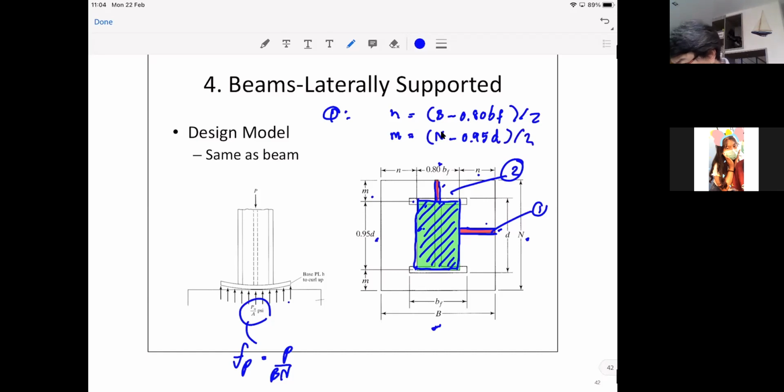Okay, so that is strip number 2. So now you have two cases, and naturally, the bigger one will give you the thicker plate.